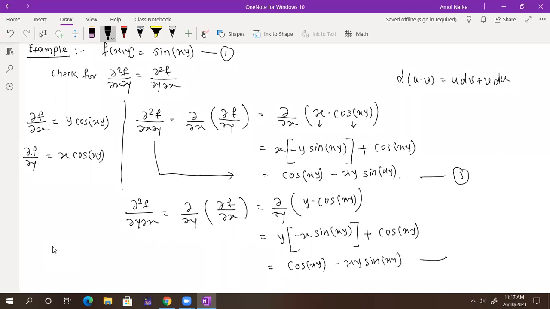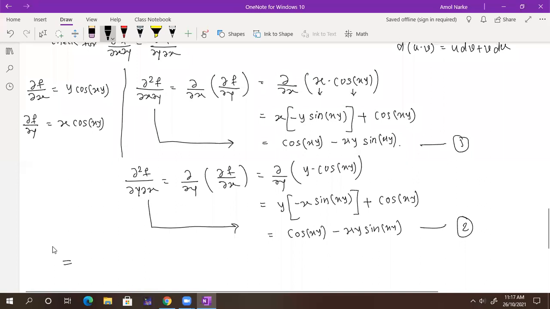Tell me whether equation 1 and equation 2 are the same. Cos xy minus xy sin xy in both. So what it means, from 1 and 2: the second order partial derivative xy is equal to the second order partial derivative yx.